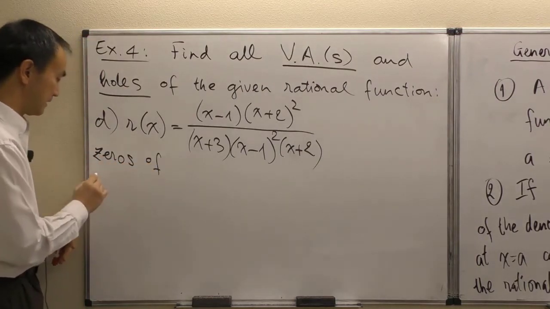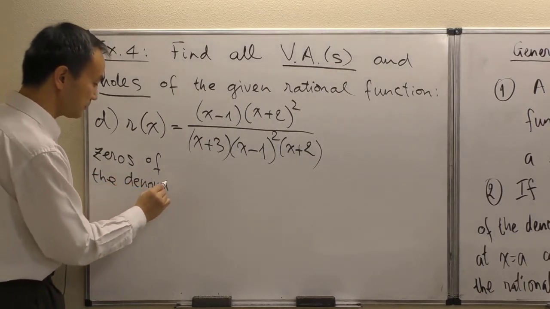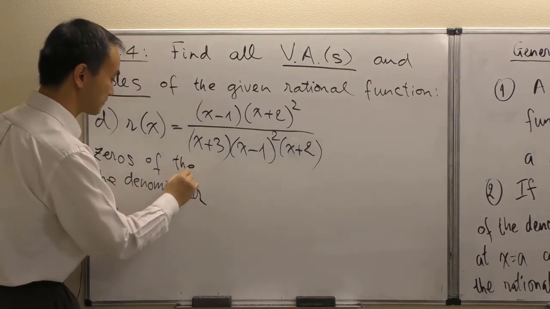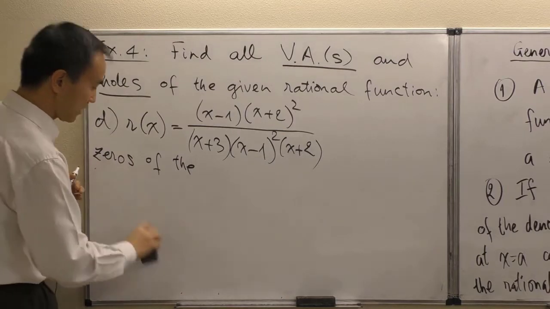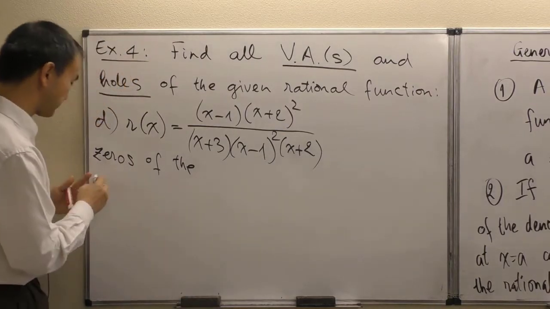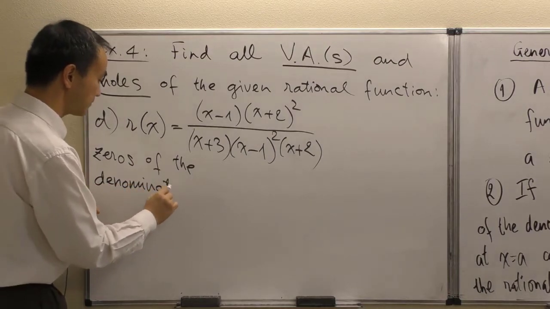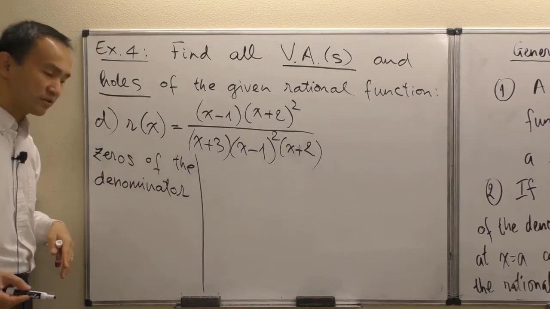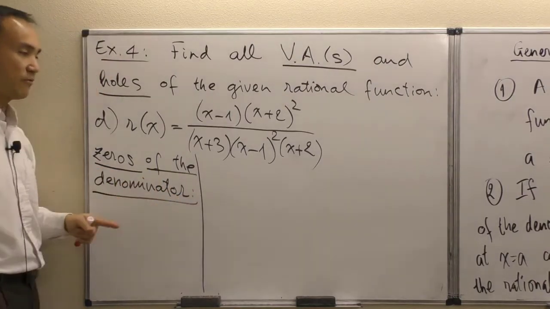of the denominator. I should have written that in a way that saves some space right here. All right, so as far as listing down the zeros in the denominator, this is what I have right here.